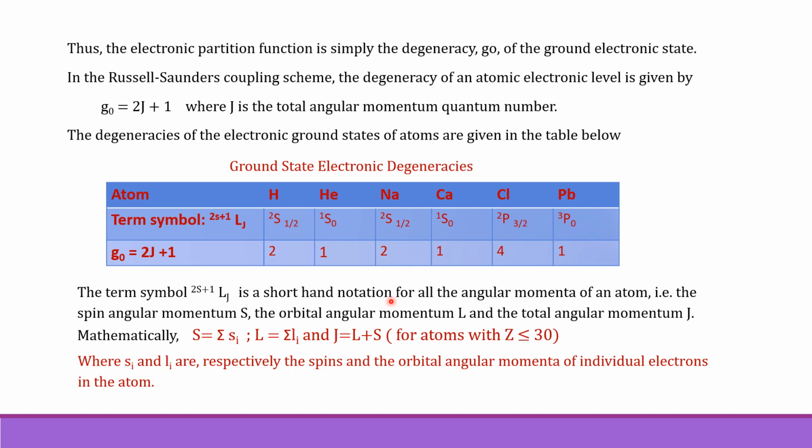It is a shorthand notation to represent all angular momenta of an atom, that is spin angular momentum S, orbital angular momentum L and the total angular momentum J. So mathematically S is equal to summation s_i, L is equal to summation l_i and J is equal to L plus S for atoms with atomic numbers Z less than or equal to 30, where s_i and l_i are respectively the spins and the orbital angular momenta of the individual electrons in the atom.